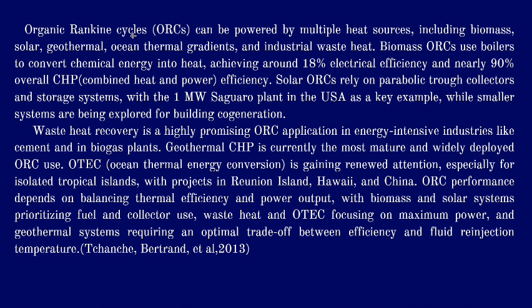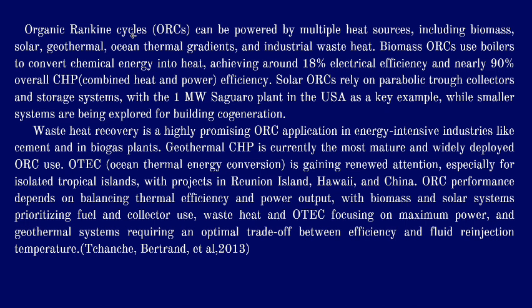Now, the solar organic Rankine cycle often uses parabolic trough collectors, thermal storage, and heat transfer fluid. A well-known example is the 1 megawatt Saguaro power plant in the USA, while smaller systems are being explored for building cogeneration.